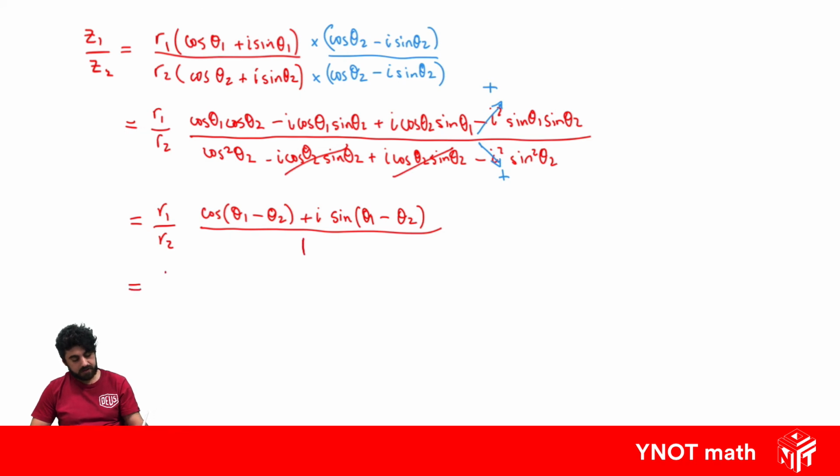And then we'll write it in cis form, so we're left with r1 over r2 cis of theta 1 minus theta 2. And what that tells us is that if we're dividing two complex numbers, all we have to do is divide the modulus with each other and subtract the arguments from one another.